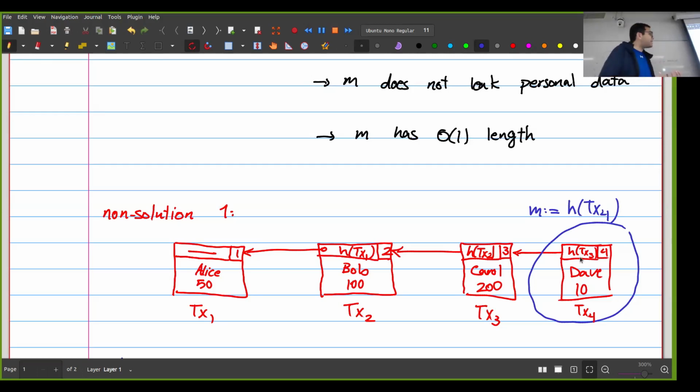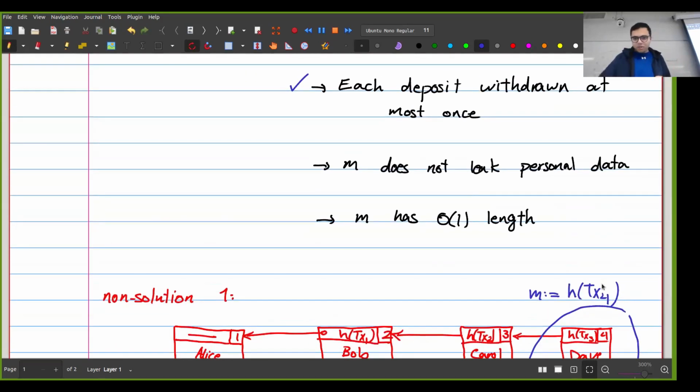And that's something that really makes our domain large. So no one can really do any kind of butterfly attack or just trying every possibility, brute forcing, things like that. But if you don't trust your hash function, you can also add a nonce here. That's fine. So this makes sure that M does not leak any information. And of course, M's length was fixed because the output of a hash function always has a fixed length, let's say 256.